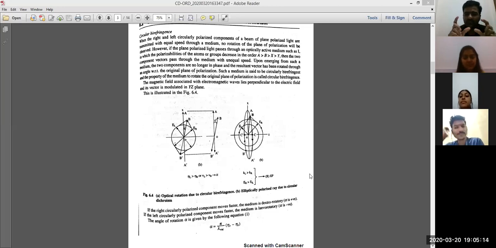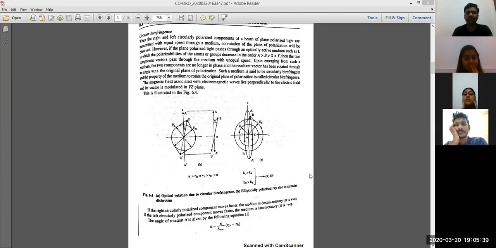The relative absorption of RCPL and LCPL in a chiral environment is not the same. If RCPL is absorbed to a lesser extent, there could be a possibility that LCPL is absorbed to a larger extent by the chiral medium. The medium is chiral, so it is going to exhibit both circular birefringence as well as circular dichroism.